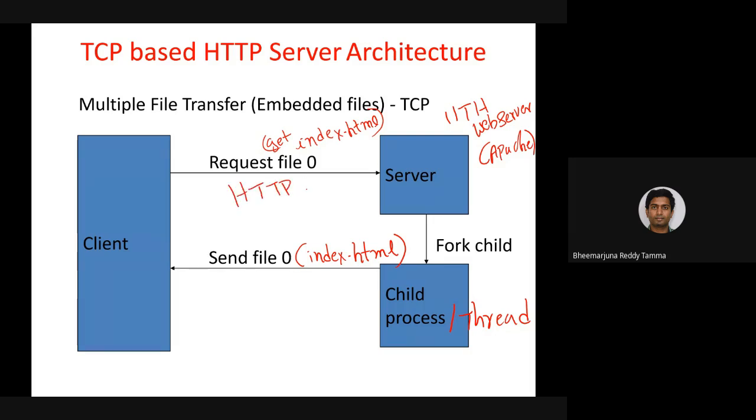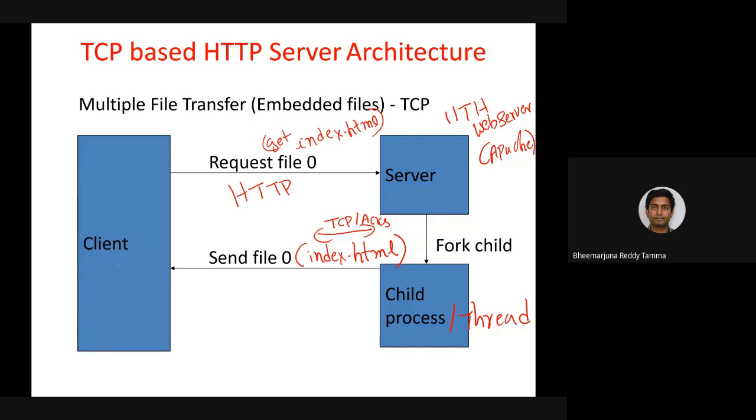Getting the index.html could actually involve sending lots of TCP messages and TCP ACKs between the client and server. I'm not showing all that, but assume that at the application layer, yes, you got back the index.html.